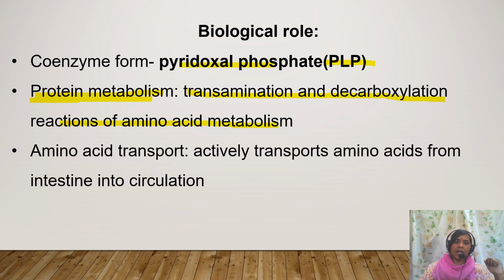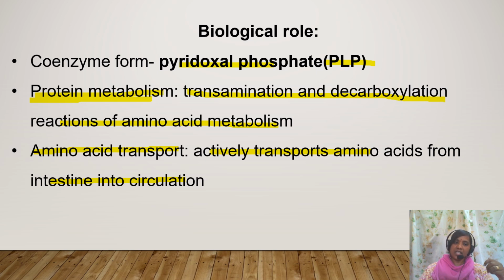Then it also has a role in amino acid transport. It transports the amino acids from the intestine into the circulation. When you consume food, after digestion the amino acids have to be transported from the intestine into the circulation so that they reach different parts of the body or different cells for utilization. This active transport of the amino acids from the intestine into the circulation requires the coenzyme PLP.